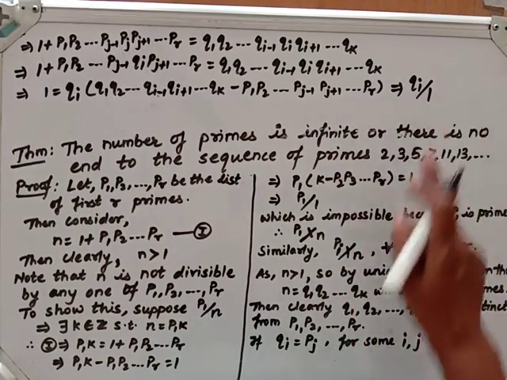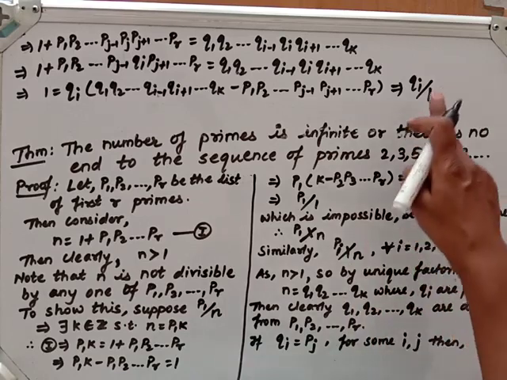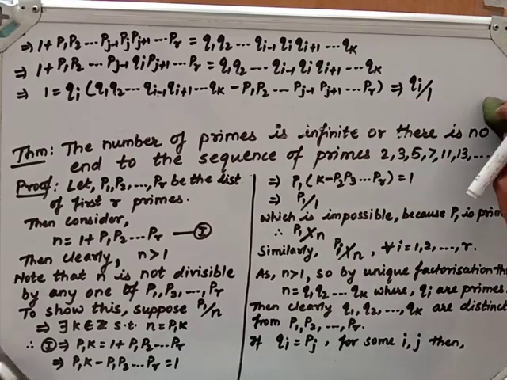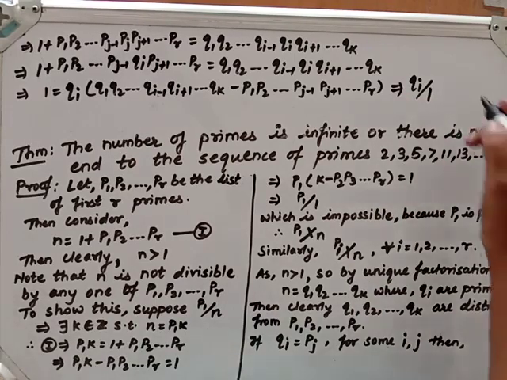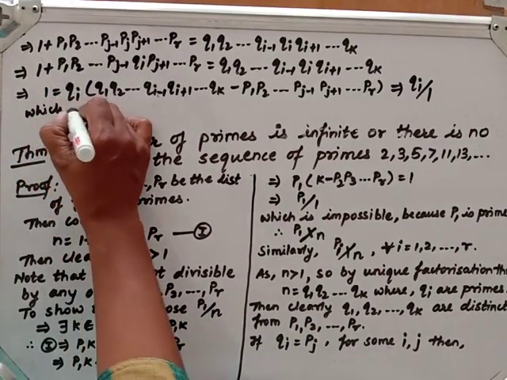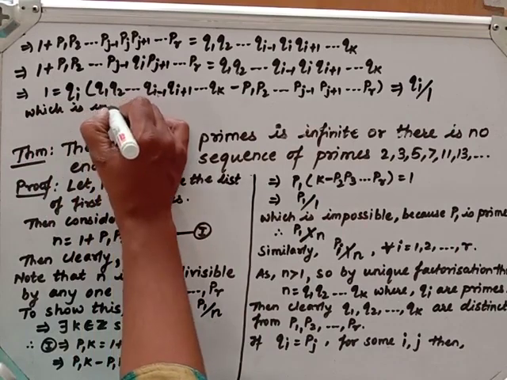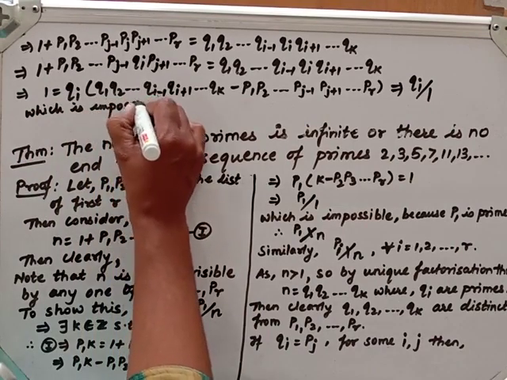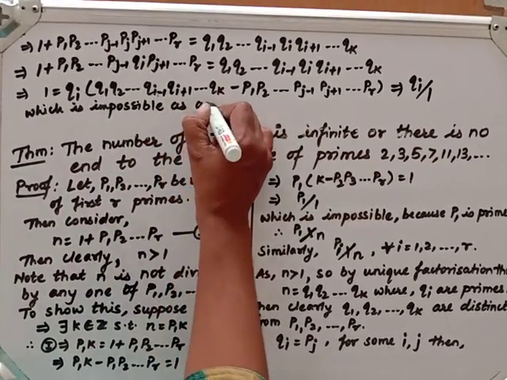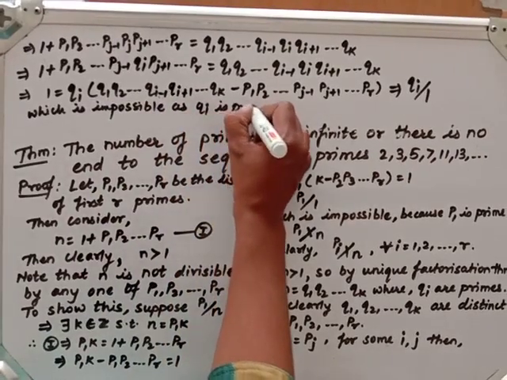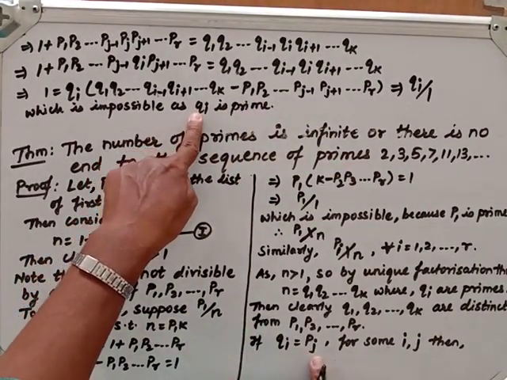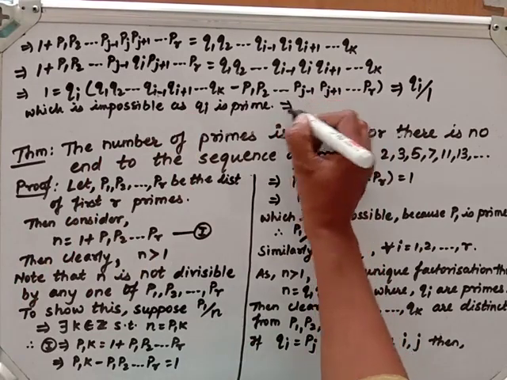But we know again these qi's are prime, so this is not possible, which is impossible, as qi is prime. But why does this occur? Because of this assumption.